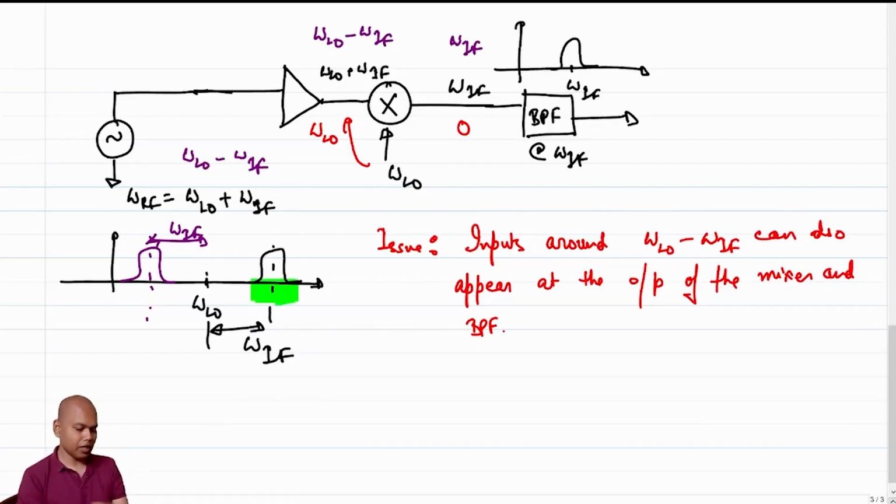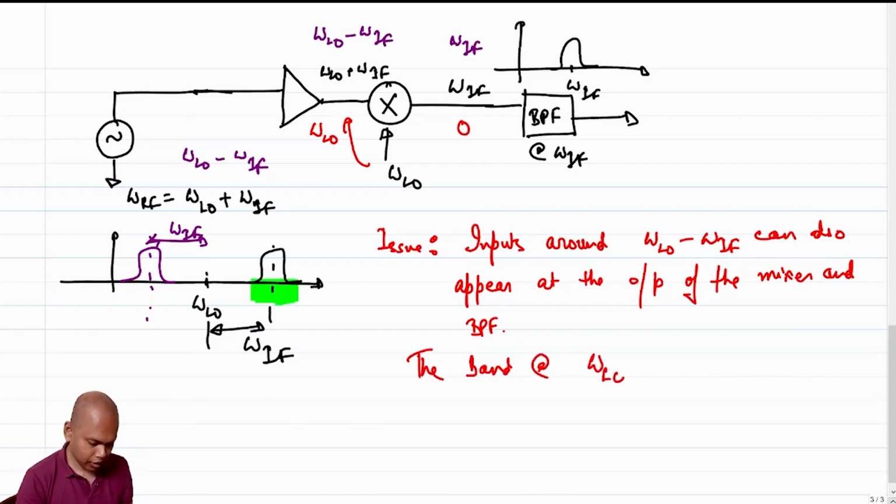And there is a particular terminology for this. This tone, the band at omega LO minus omega IF, is called the image band.